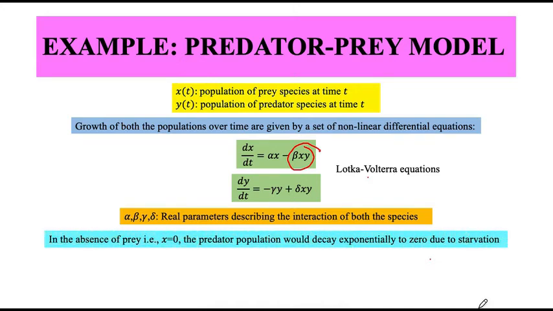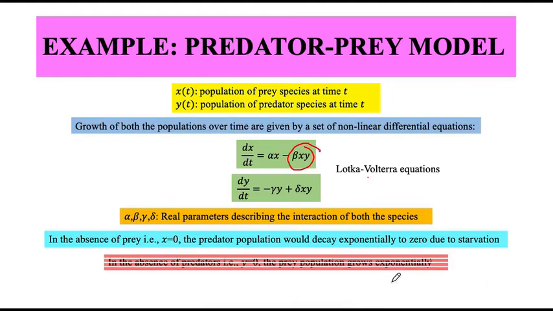So again, we just rewrite what we said earlier. In the absence of predator, what will happen to prey? And in absence of prey, what will happen to predator?